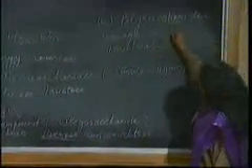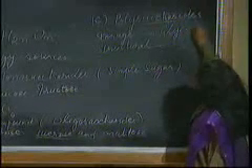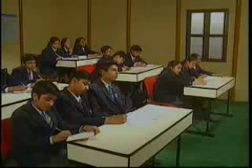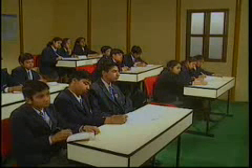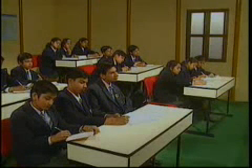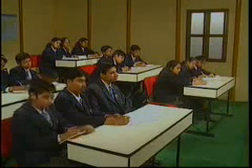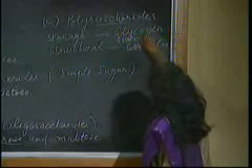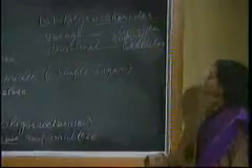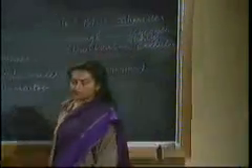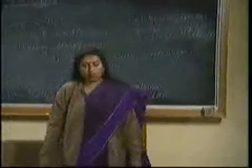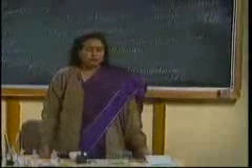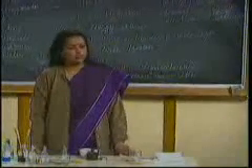Storage polysaccharides, for example, glycogen, and structural polysaccharides, cellulose. Glycogen and starch are storage polysaccharides. Now these complex or compound polysaccharides are obtained by the condensation of many units of simple sugars.